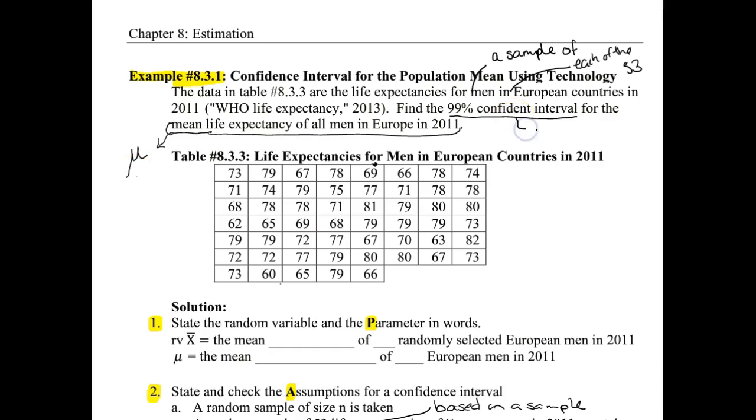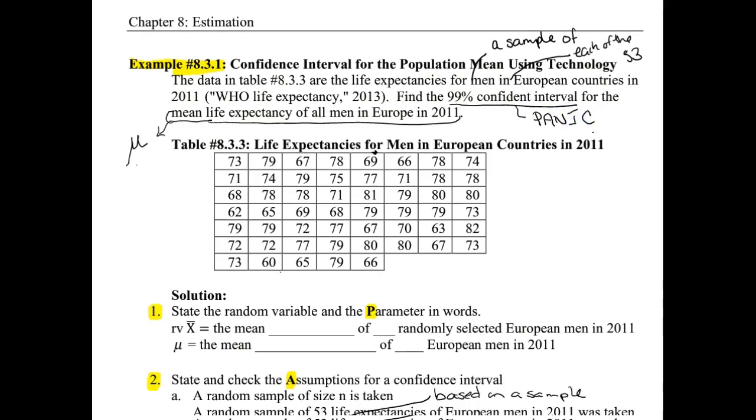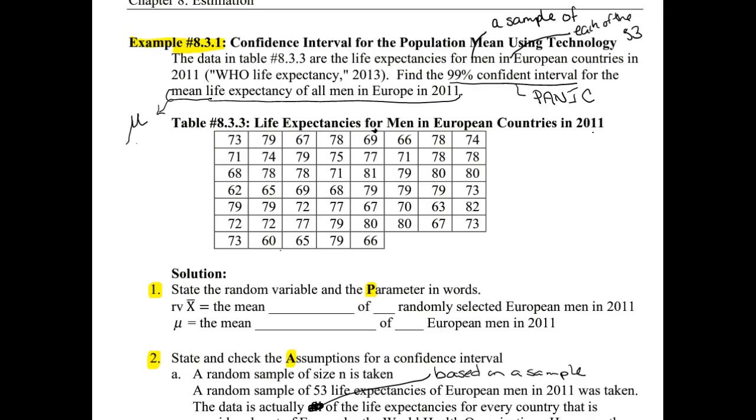So this mean life expectancy of all men in Europe in 2011, in our symbols, will be mu, and we're asked to compute a confidence interval, so we're going to follow the acronym PANIC to get all of our steps there. This one is a little bit different than other ones in the sense that each one of these numbers came from a sample itself. To make sure we had representation across all the countries, kind of like a stratified sample, they took a sample from each of the 53 and computed a mean life expectancy from just those samples.